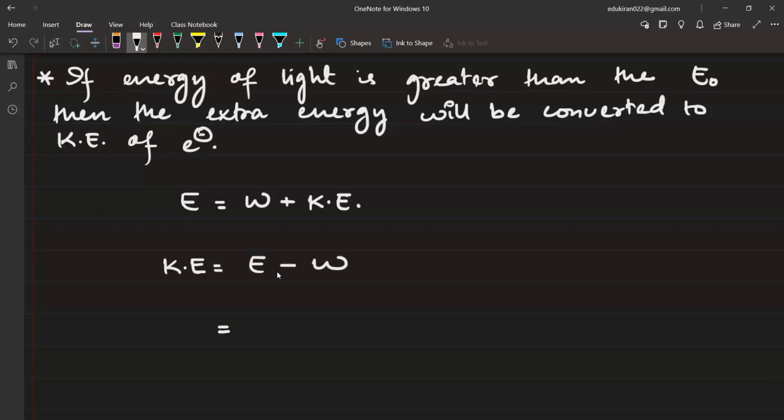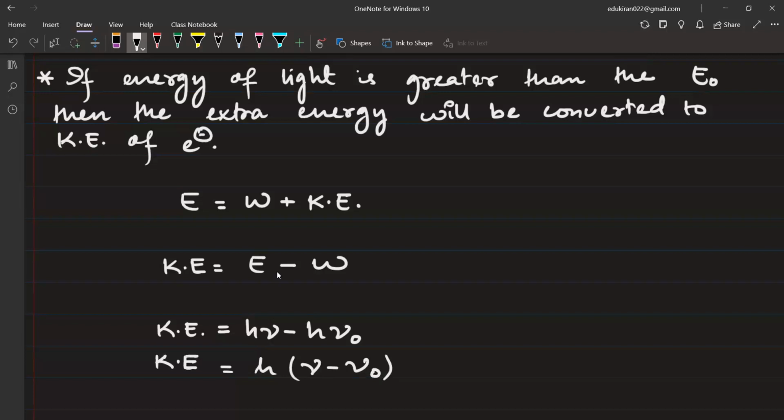Now kinetic energy, we can further write it as E will be h into frequency of light that we are striking the surface with, minus h into nu naught. Nu naught is the frequency that is required. We can take h common and we will get a formula: nu minus nu naught.